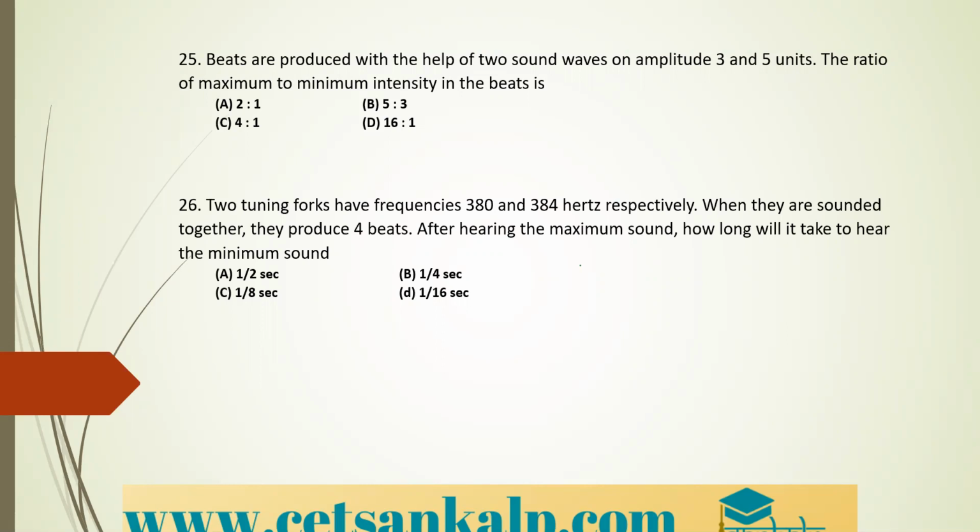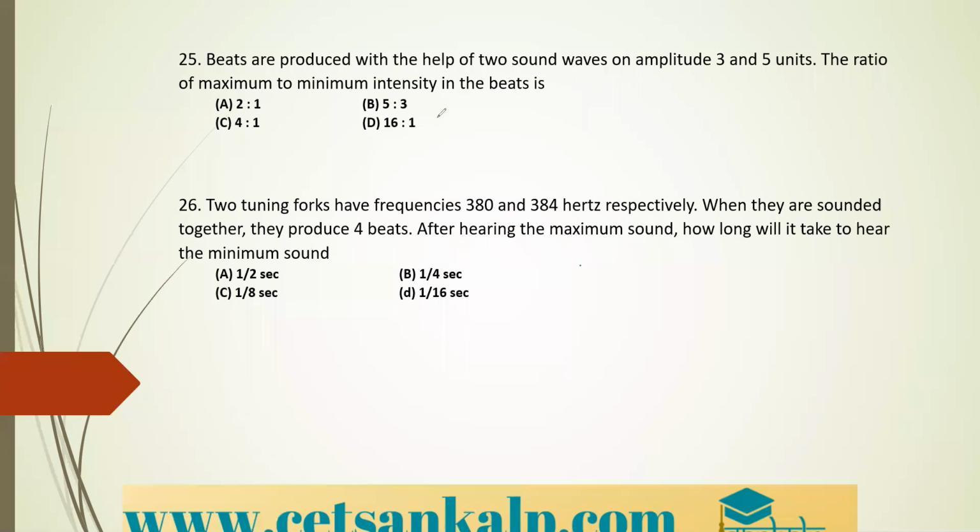The ratio of maximum and minimum intensity in the beats is, here you need to calculate the maximum and minimum intensity. So as we know the relation between intensity and amplitude.